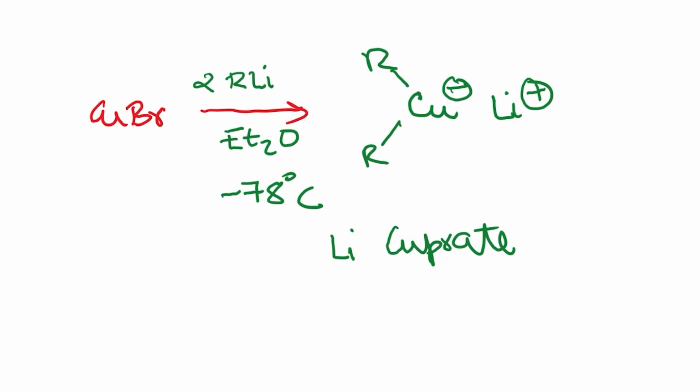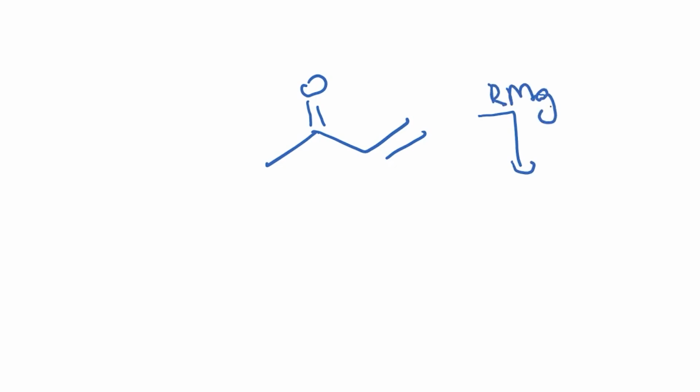Okay, so therefore if you wish to do a 1-2 addition, then if you have a compound like this, and if you would want to add to the carbonyl, then you use RMgBr, and it gives you this product after workup.